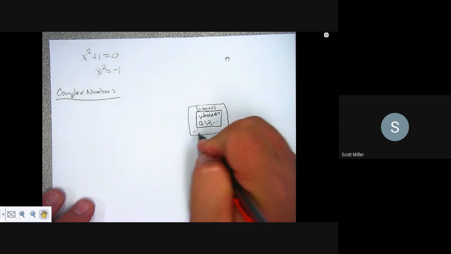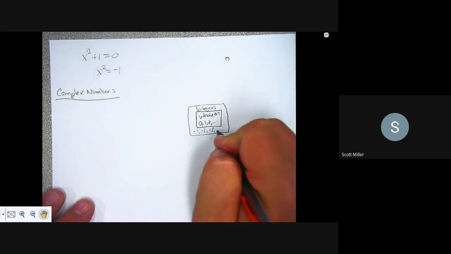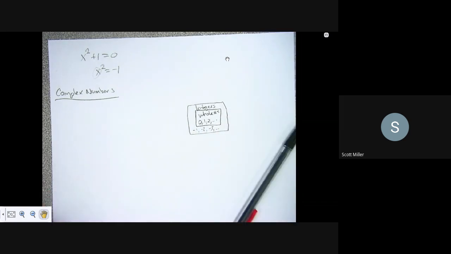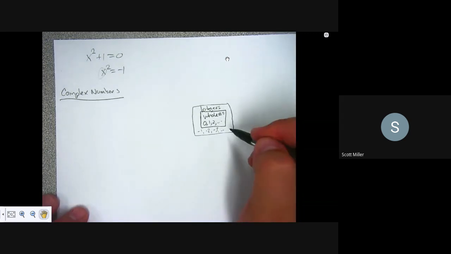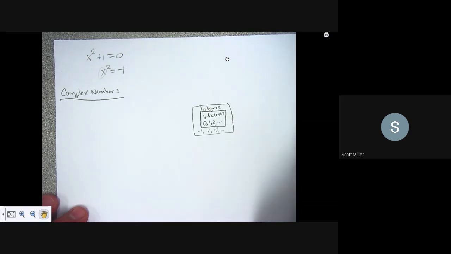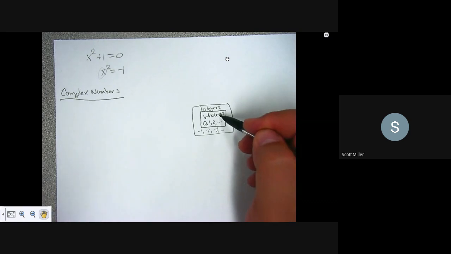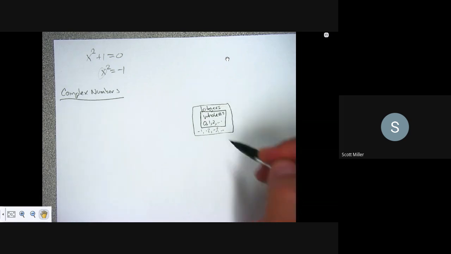So negative 1, negative 2, negative 3, and so forth. So the integers are negative 1, negative 2, negative 3, 0, 1, 2, 3, and on to infinity in both directions. So if I have a whole number, I have an integer. If I have an integer, it doesn't necessarily mean it's a whole number.